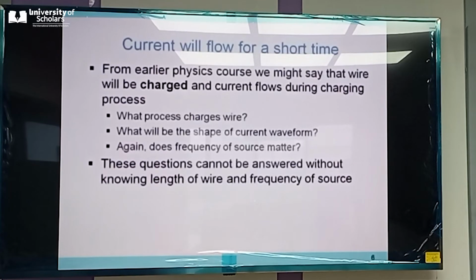So there is a charging, and this charging current must flow for some time until the wires are charged.